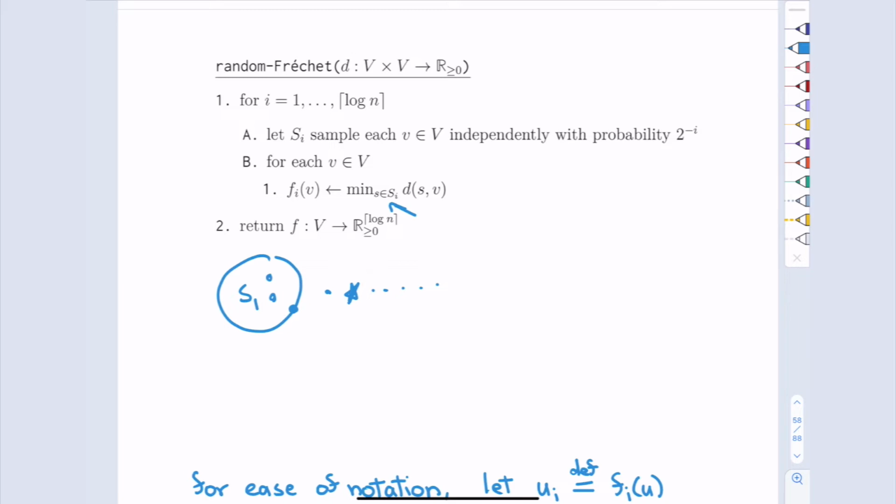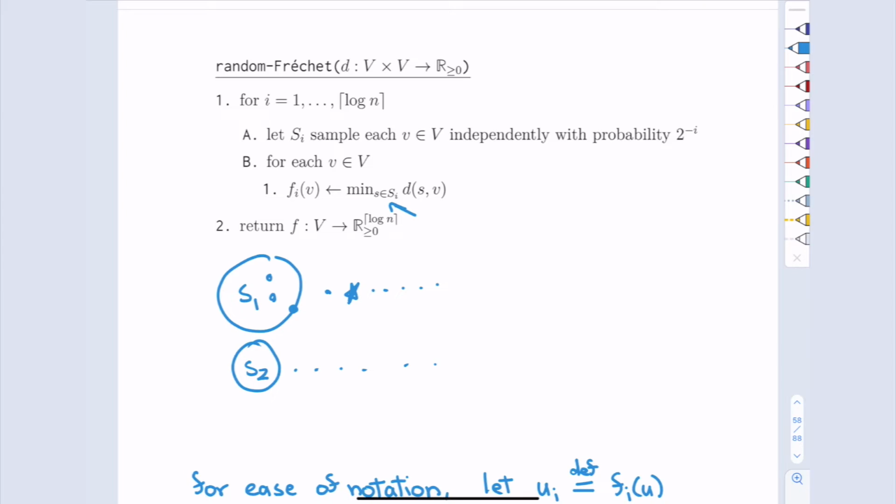The second coordinate is going to sample half as many points as that. So it'll be smaller. Then we'll compute all the distances from this randomly sampled set. That will give us a second set of coordinates. We'll do this log n times. So the first set will have n over 2 vertices, then n over 4, n over 8, n over 16.